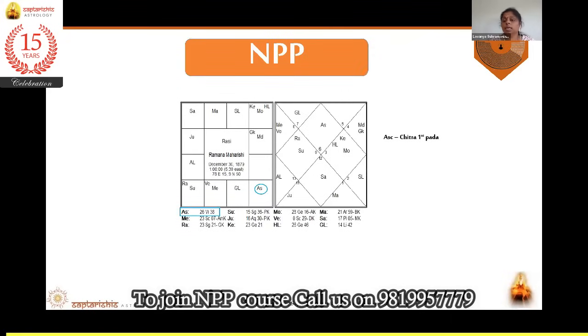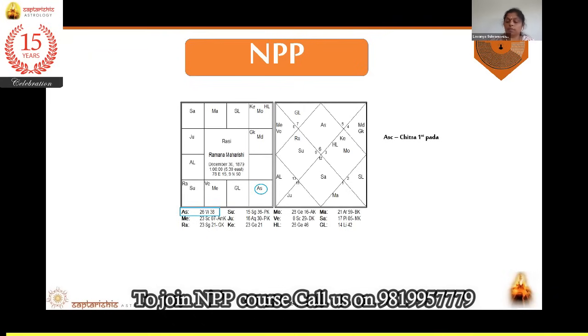Now, let us see with the example of Ramana Maharishi's chart. His Lagna falls in Chitra Nakshatra first pada, because it is Virgo sign 26 degree 38 minutes.